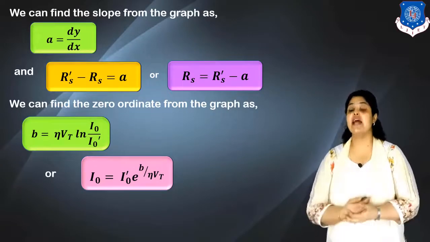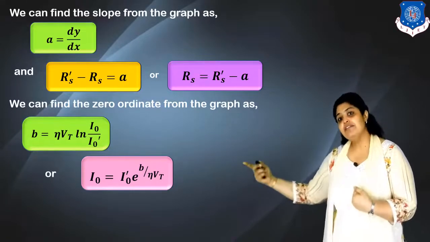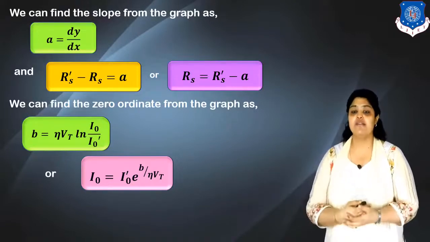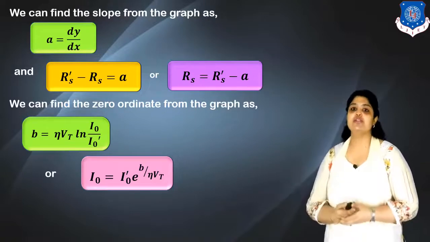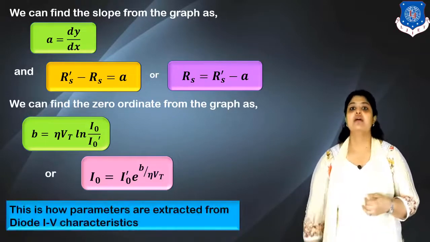B is the value which we obtained from the graph. Eta Vt is known, and I naught dash we have already assumed as an arbitrary value. So this is how the saturation current can be determined as a function of I naught dash.